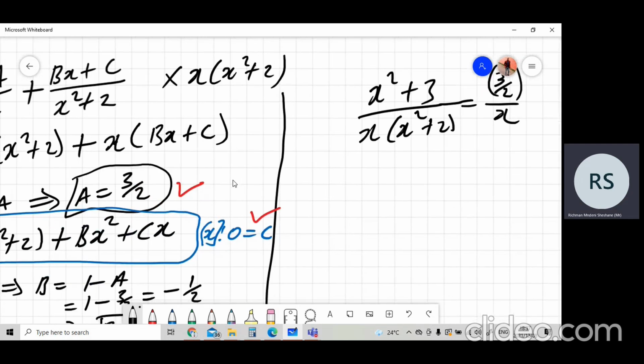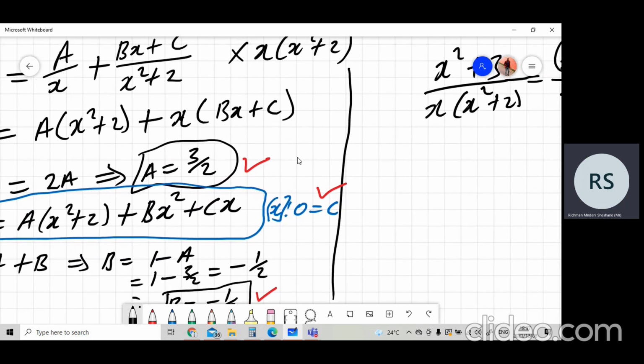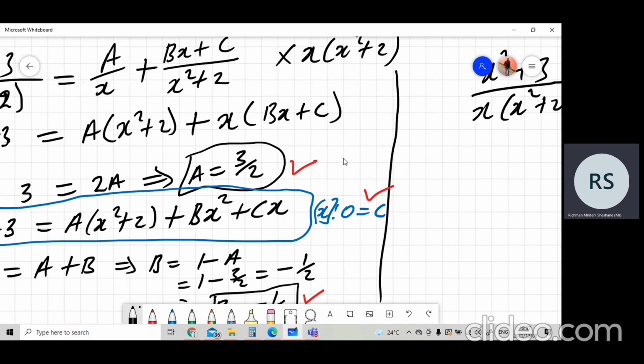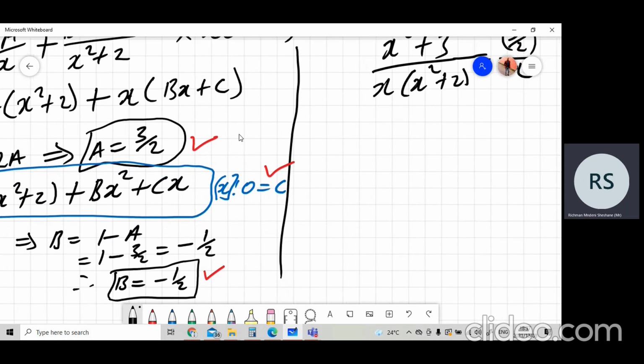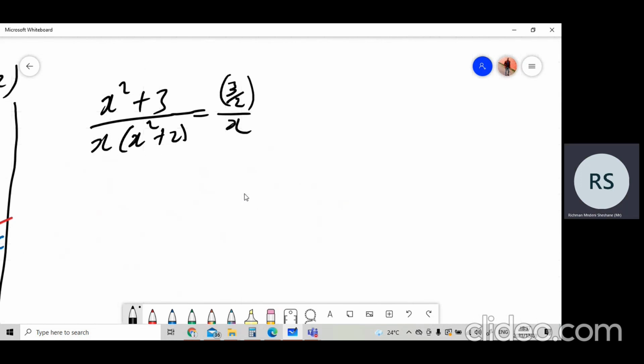We substitute the constants that we got here, marked in red, into the expression: a over x, and then bx plus c over x squared plus 2. The value of b is minus half, so plus minus half x plus c, and remember c was 0, over x squared plus 2. So these are the partial fractions of this expression.